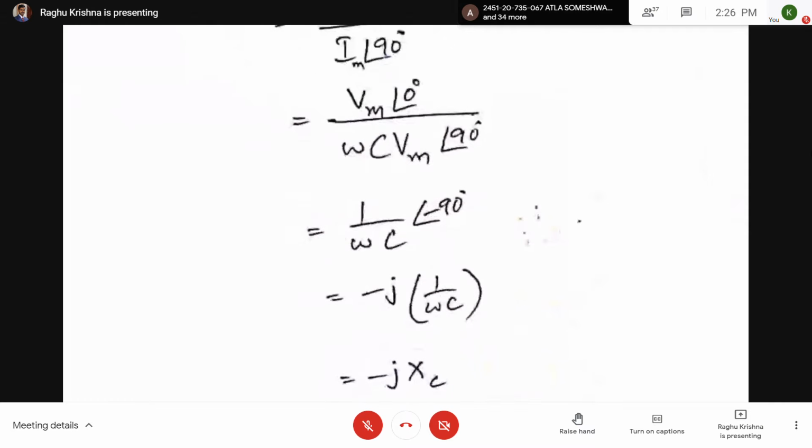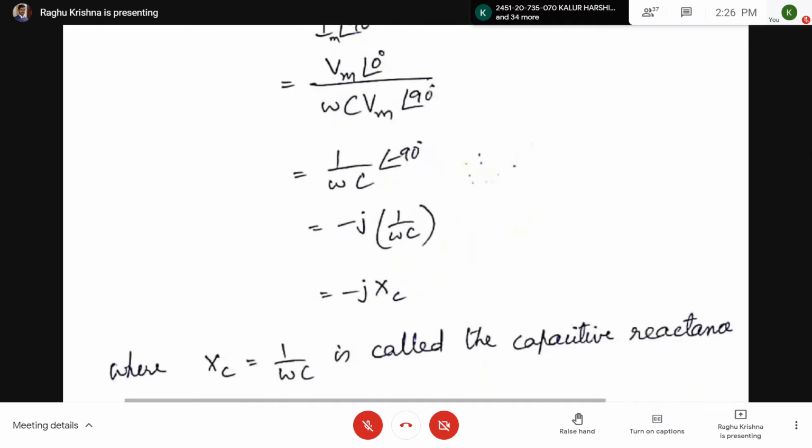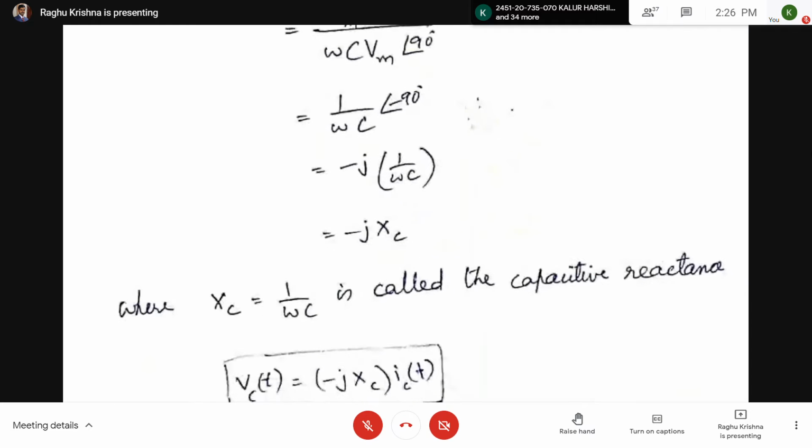Finally you are going to get Z equal to minus j times 1 by omega C. So 1 by omega C is written as Xc, where Xc is the capacitor reactance. Xc equal to 1 by omega C is called capacitor reactance. So if we want Vc of t, it is impedance into current: minus j Xc into Ic of t.